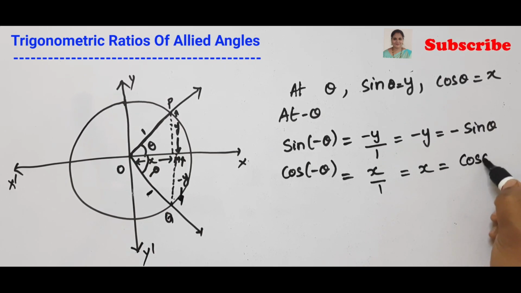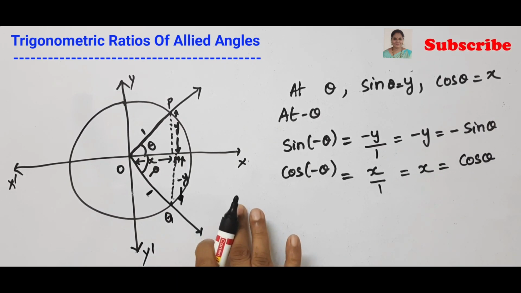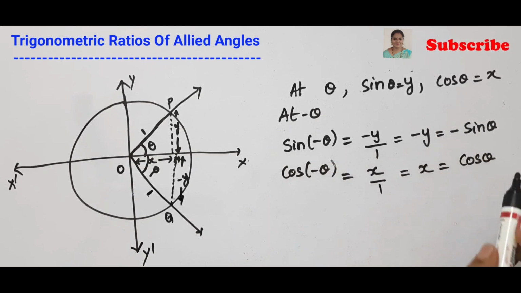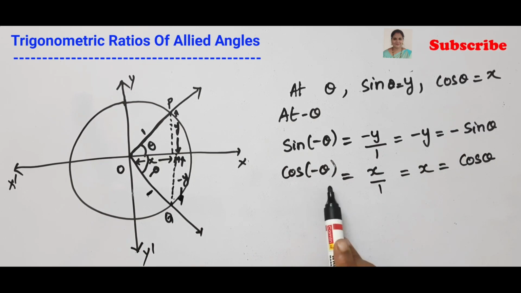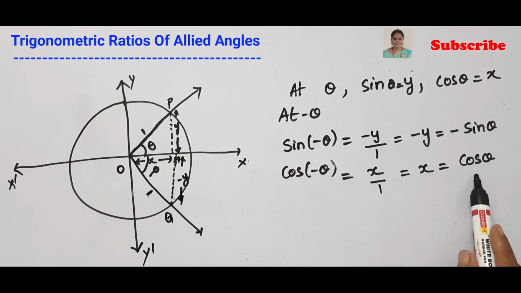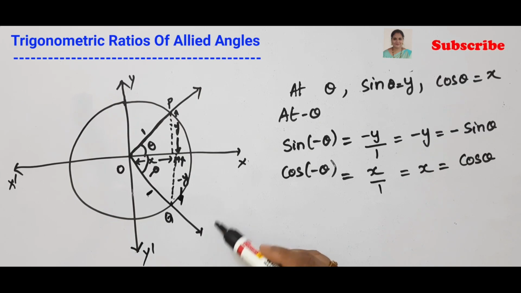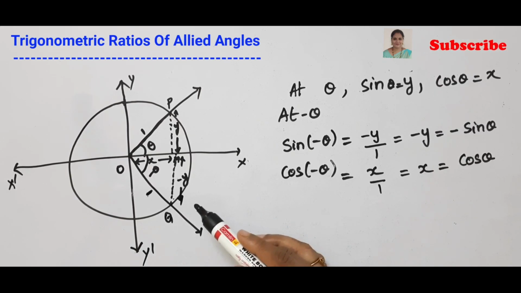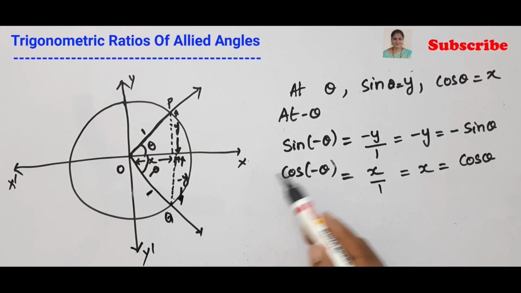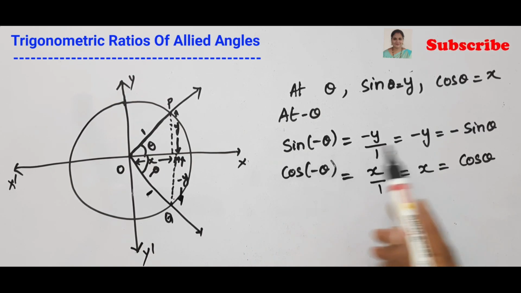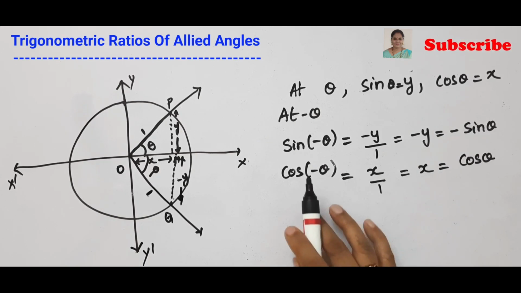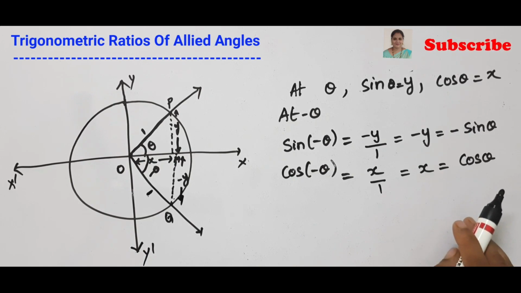So sine of minus theta is minus sine theta, and cos of minus theta is cos theta. In the fourth quadrant, the terminal ray for minus theta lies there. When you get these two, we can easily calculate the remaining trigonometric ratios, is it not?